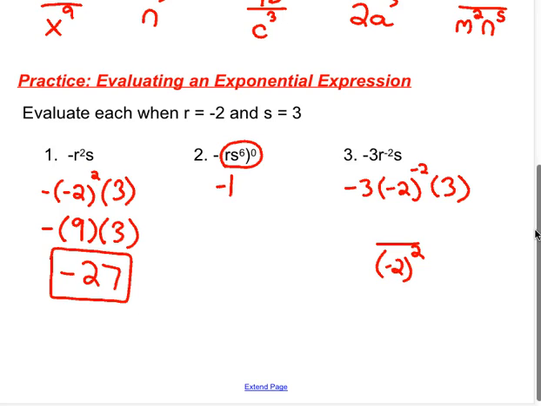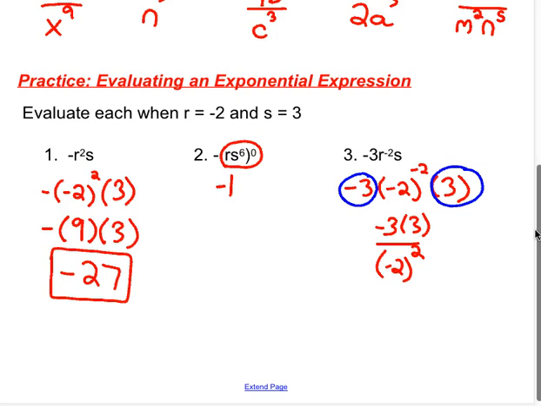Now, the key thing here is, remember, being a negative number is different than having a negative exponent. This negative 3 right here does not have a negative exponent, so it actually gets to stay on top, along with this 3 here. That also does not have a negative exponent.